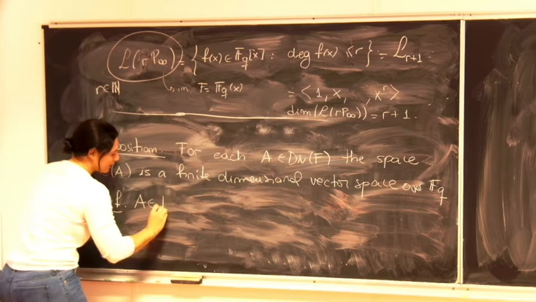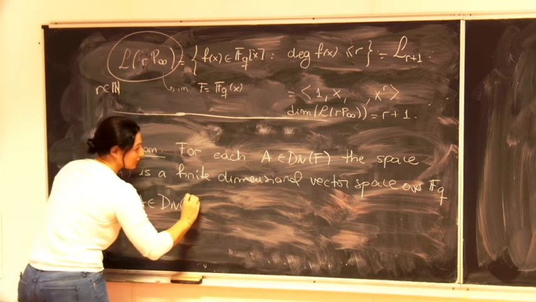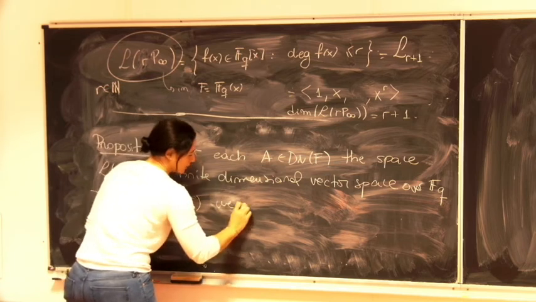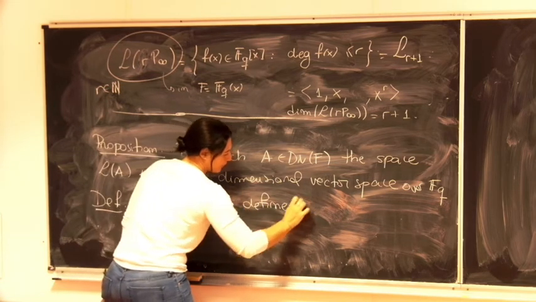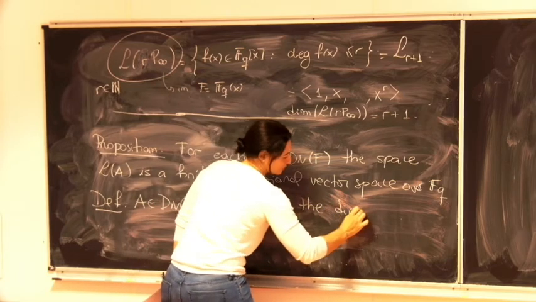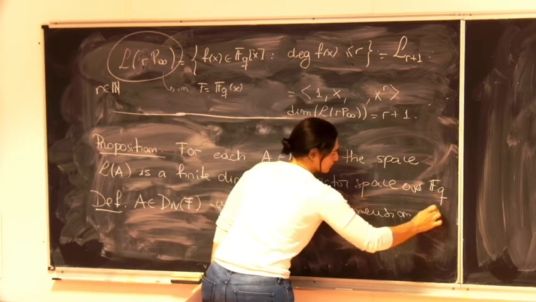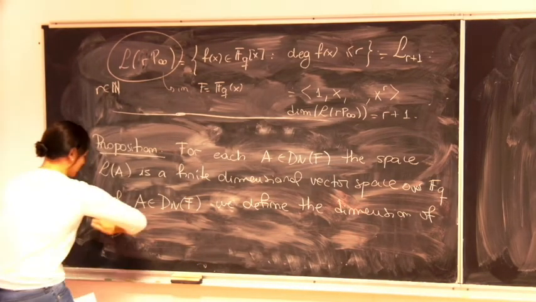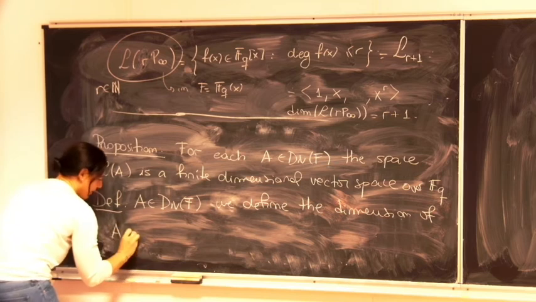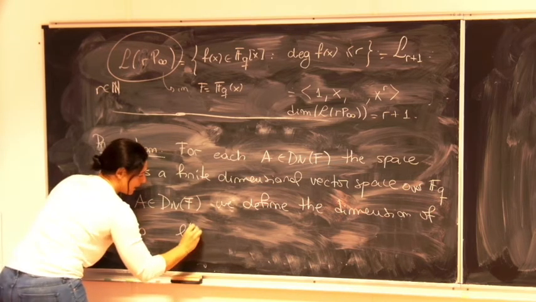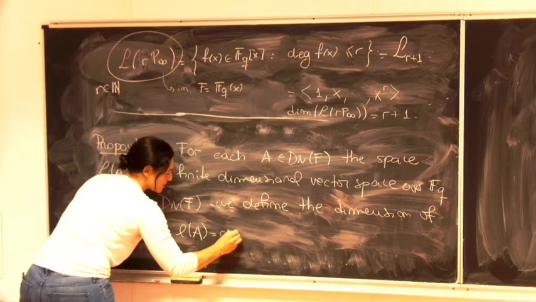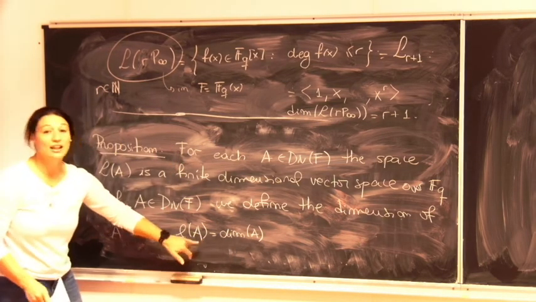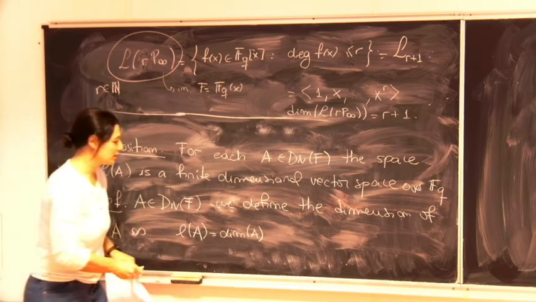If I have a divisor A, we define the dimension of that divisor, dimension of A, as the dimension of L of A. In general, it is called l of A with this lowercase l.